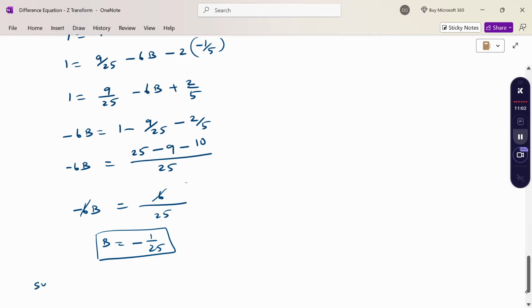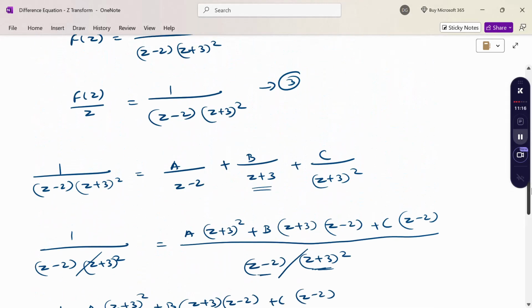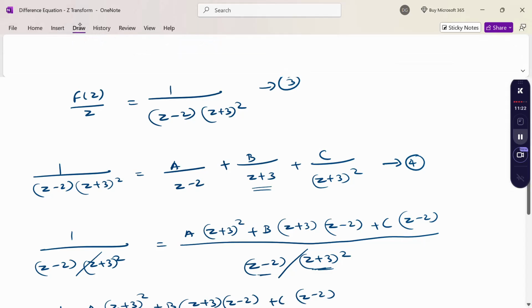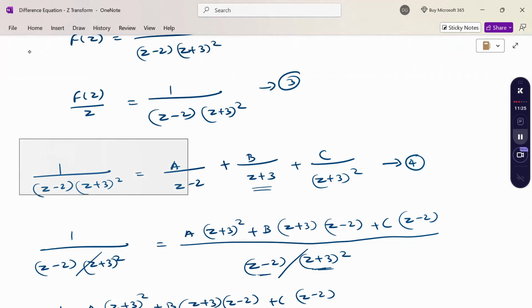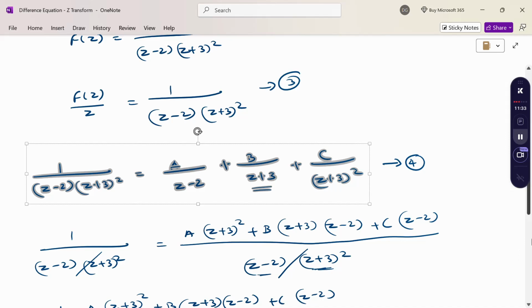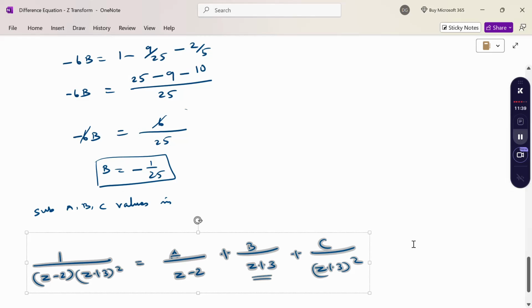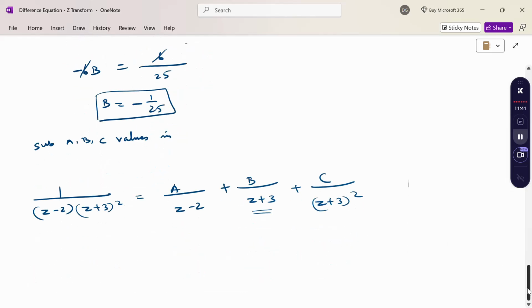So now substitute the a, b, c values in equation number 4. I'll take this fourth equation. Substitute the a, b, c values. The a value is 1/25 times 1/(z-2), the b value is -1/25 times 1/(z+3), and the c value is -1/5 times 1/(z+3)².